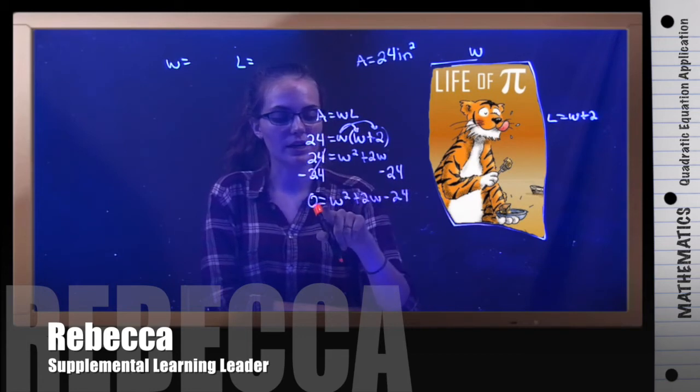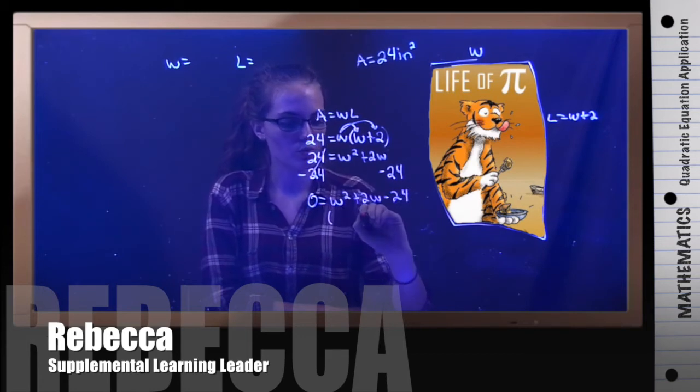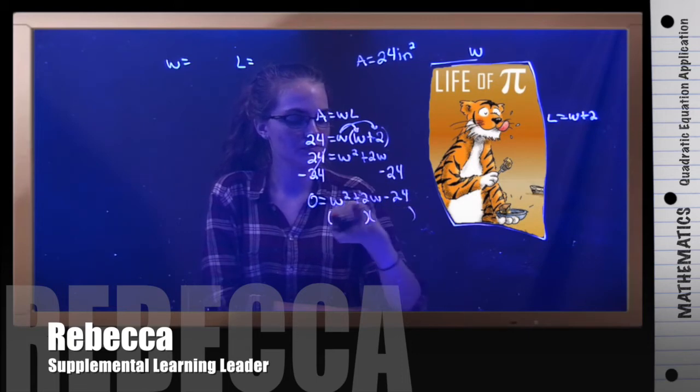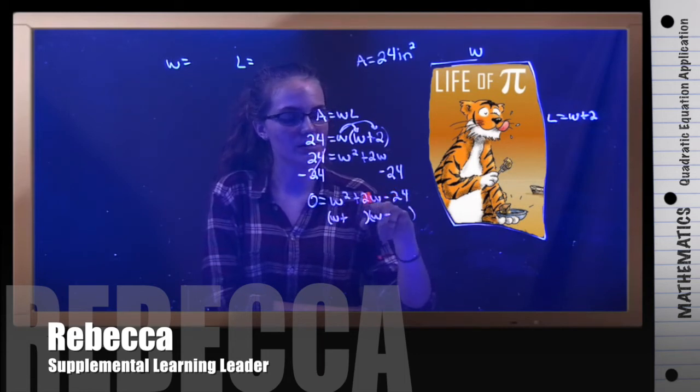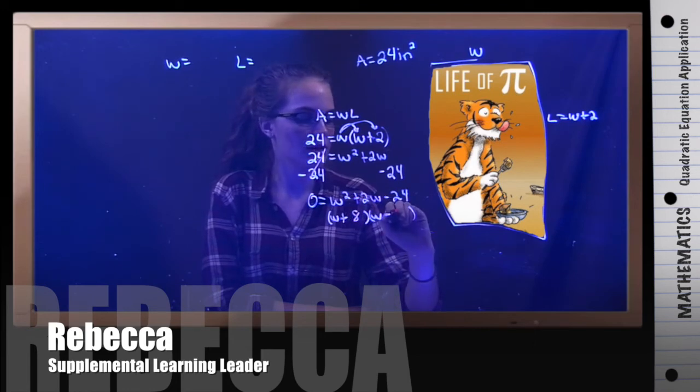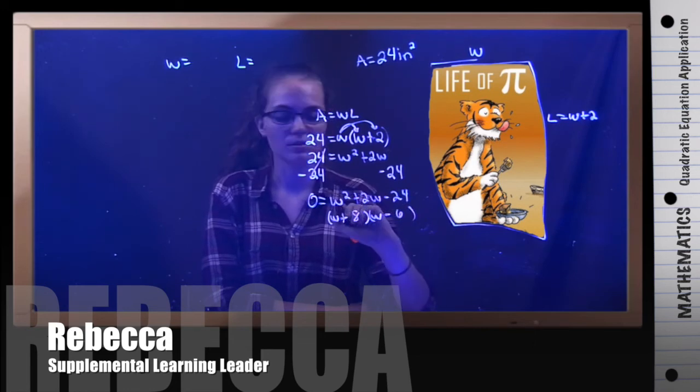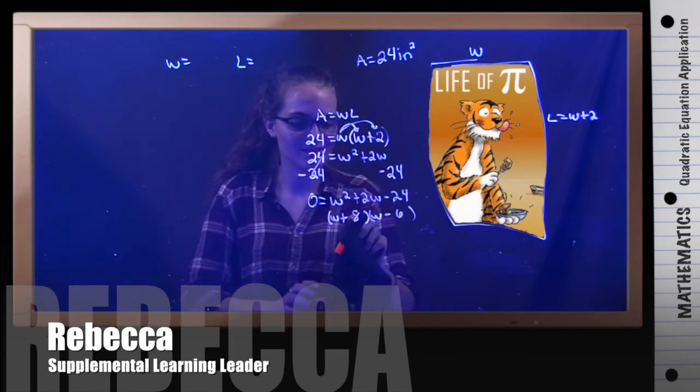Now, this is a standard trinomial, so we can go straight to our factors. W squared would be W times W. This would be a plus and a minus. Multiples of 24 that subtract to give us 2 are 8 and 6. No, 4 and 6.